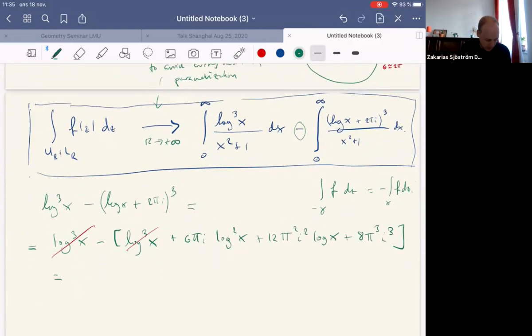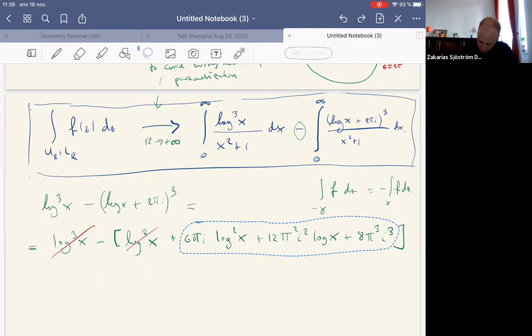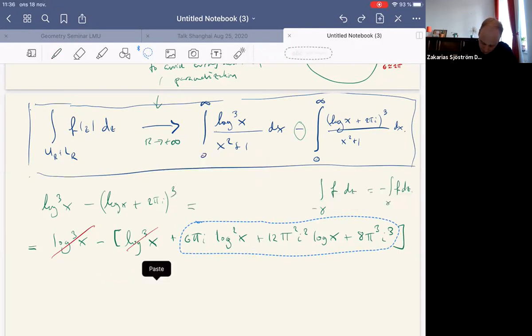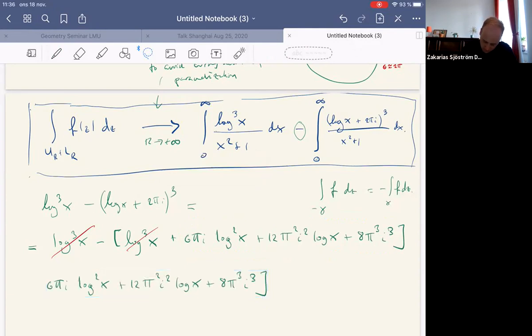And so I can simplify this to minus 6 pi i log x squared. Okay, just whatever was there. I don't have to write it again. Maybe I can try to be fancy. So this is equal to, but I have to put the minus signs here.